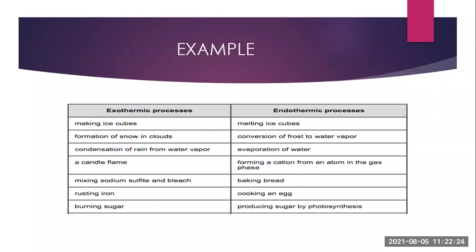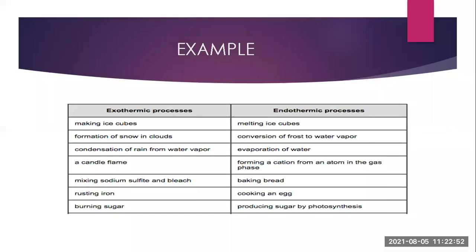The examples are exothermic and endothermic processes. Making of ice cubes is an exothermic process, whereas melting of ice cubes is an endothermic process. What happens in the making of ice cubes? The heat energy is released, and the water present gets compactly arranged.